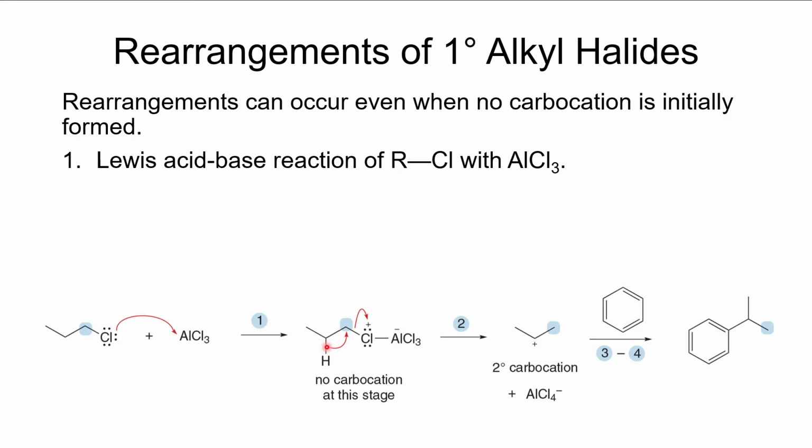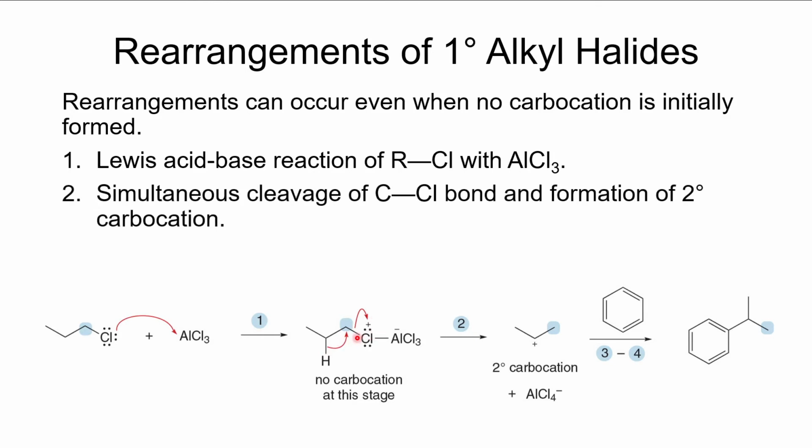But then we get this reaction where we get the 1,2 hydride shift at simultaneous breaking of this carbon-hydrogen bond, forming a new carbon-hydrogen bond, and breaking this carbon-halogen bond to form this secondary carbocation.